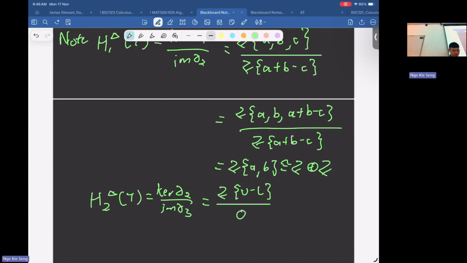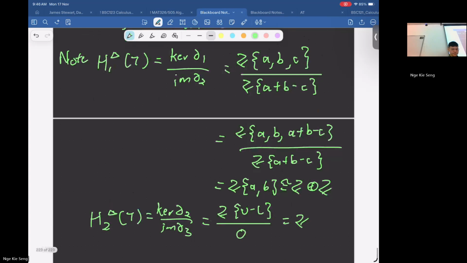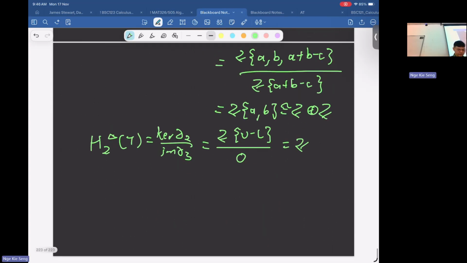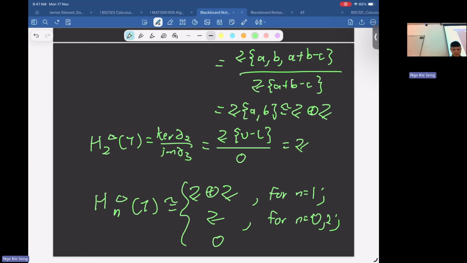And then there's no delta 3, so actually this is Z. Okay, so if we put all these together, what we get is Z plus Z for n equals 1, Z for n equals 0 and 2, and then for the rest, it's 0.